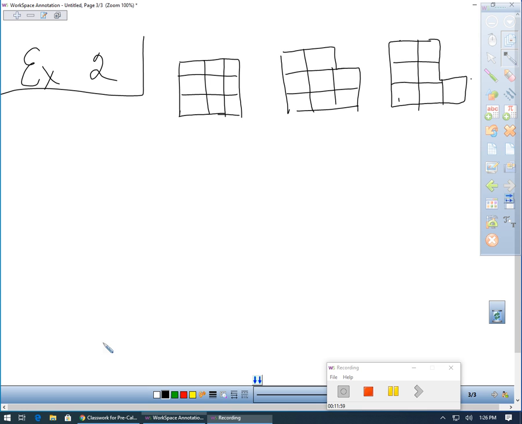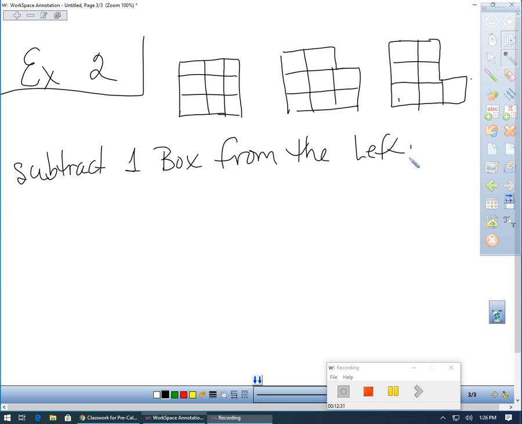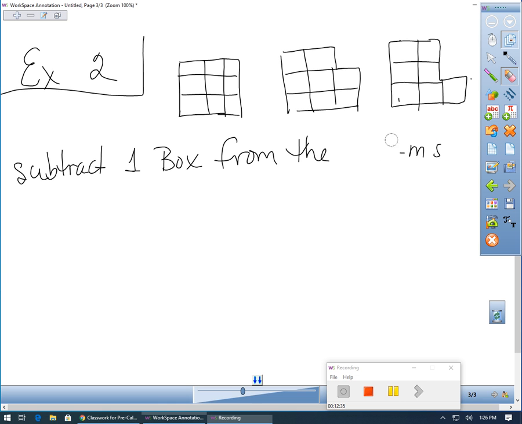Okay, that makes sense. So subtract 1 block from the leftmost side. Is that what you said? Oh, rightmost side? Try that again.